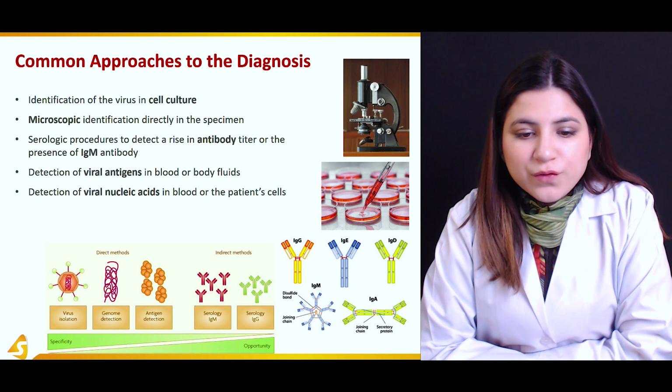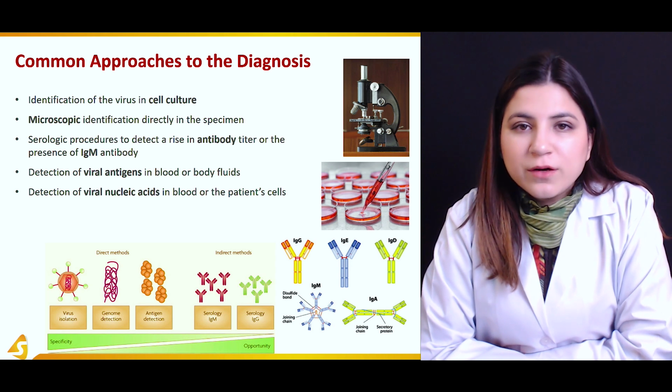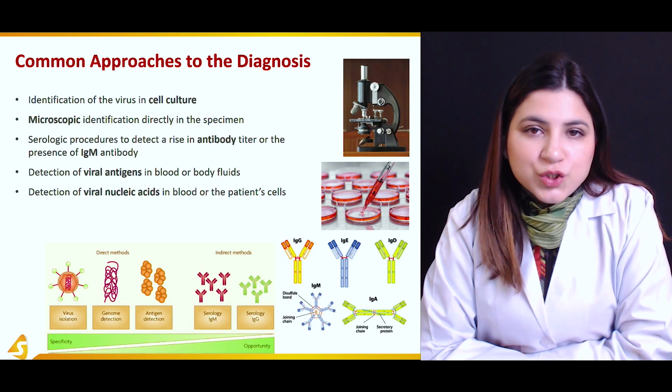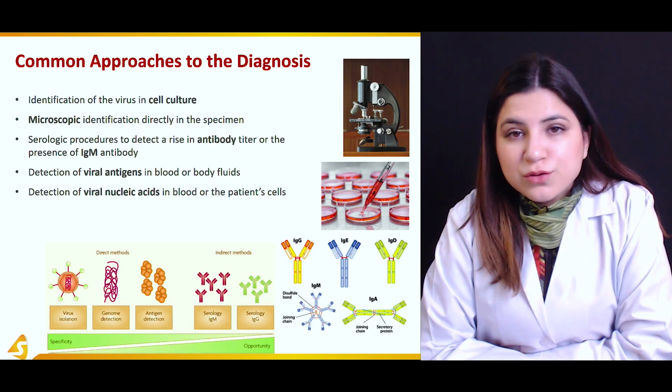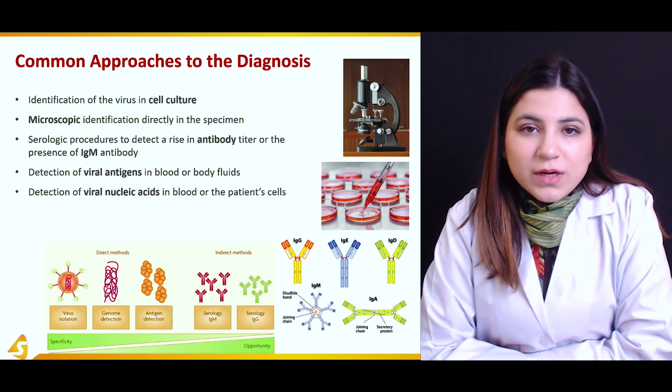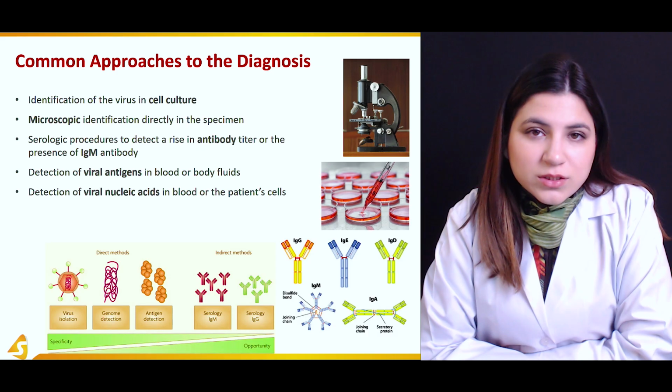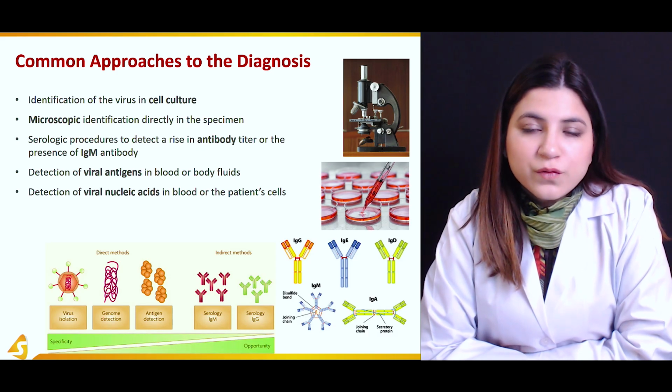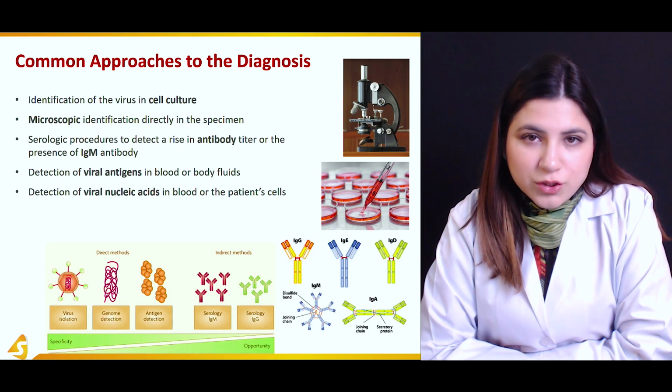Then there's detection of viral antigens in blood or body fluid. Again, there are certain viral antigens which are specific to the type of virus, and we can develop antibodies against those antigens and can detect them through different serologic procedures.